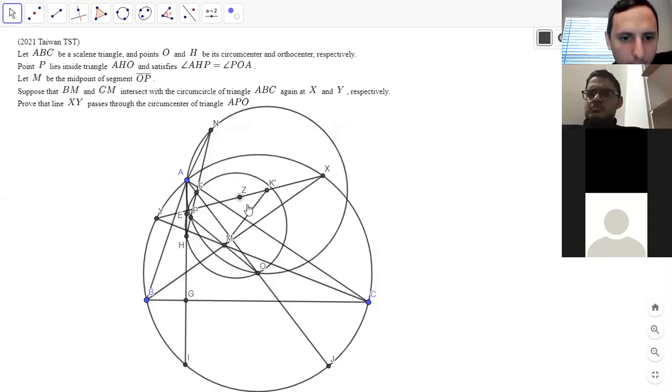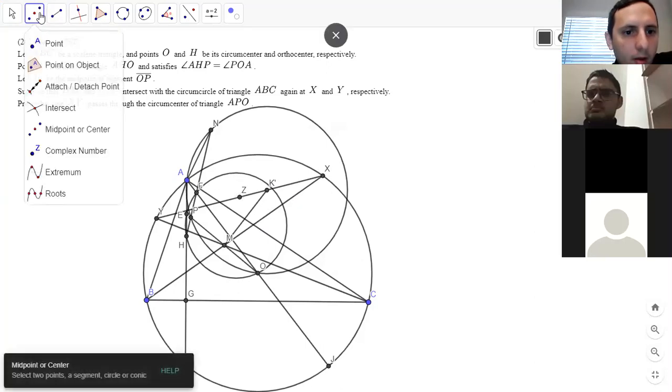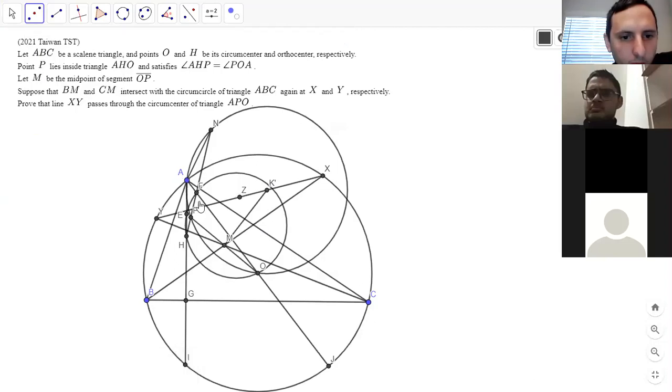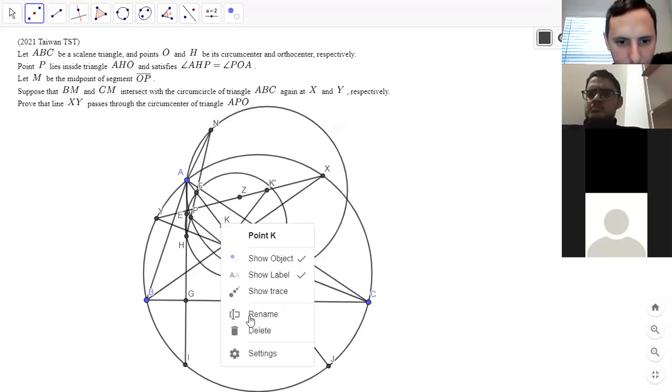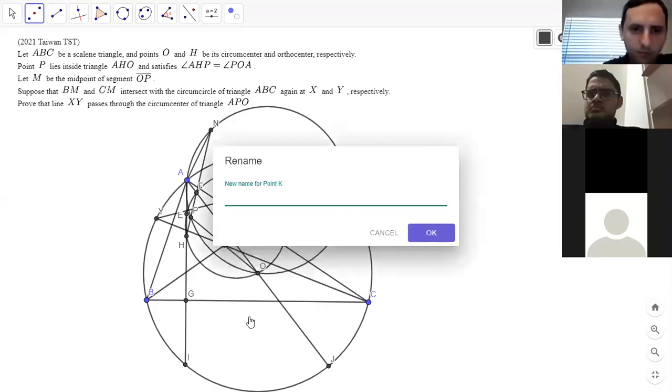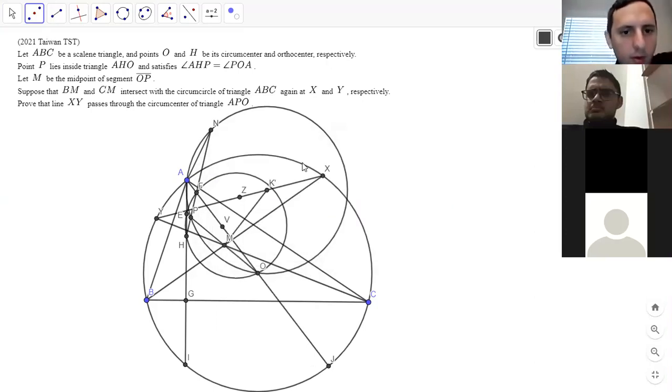So you want to prove the midpoint of AO would lie on that circle. Yeah. You can delete the circle for now. Circle of EFOH. Okay.